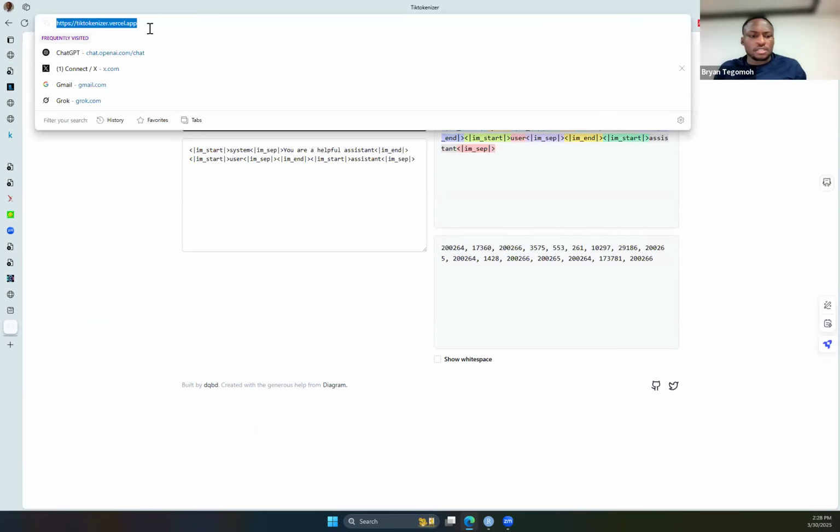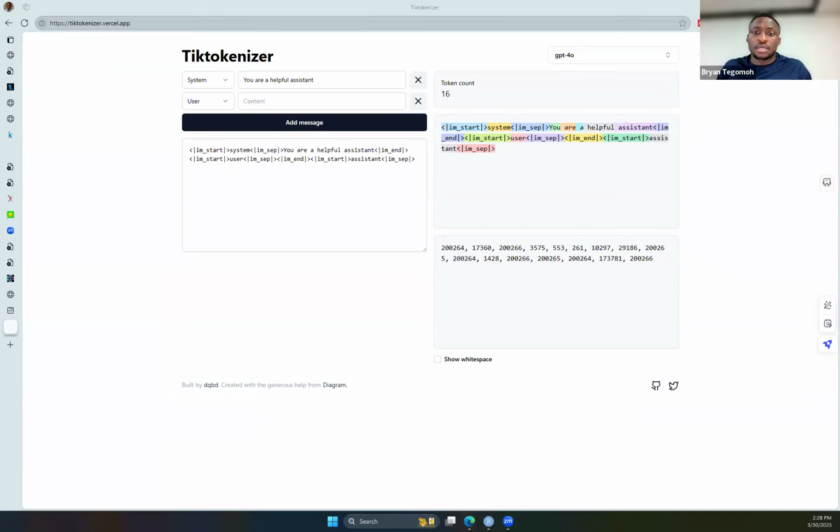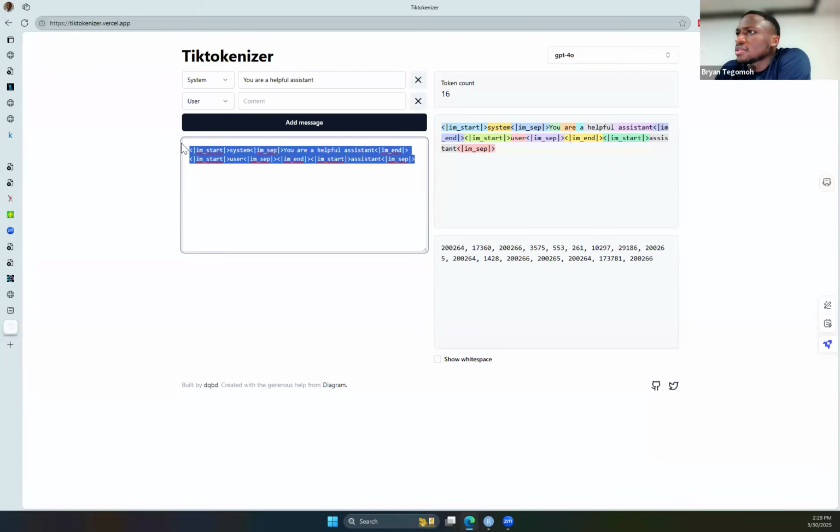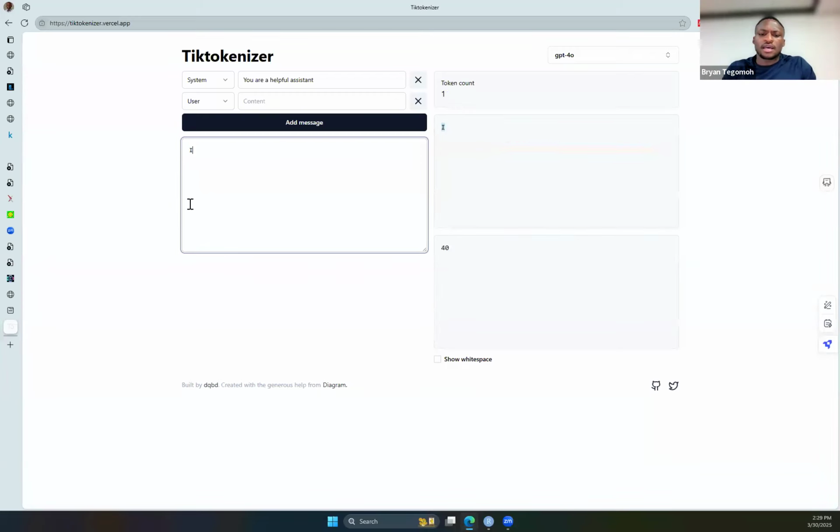Let me see if I can put the link in the chat. This website does a great job: let's say I type "I love the Gen AI book club." It automatically converts the words into tokens, and each color represents a different token.